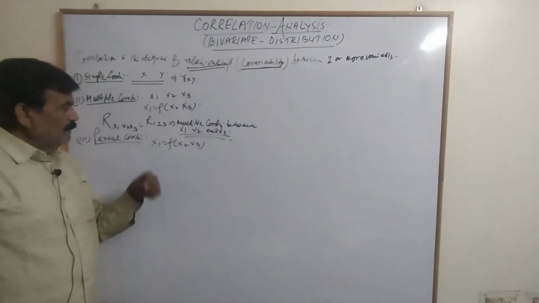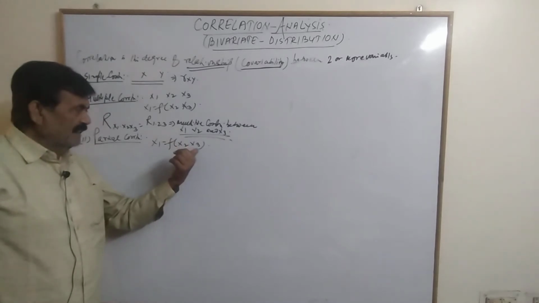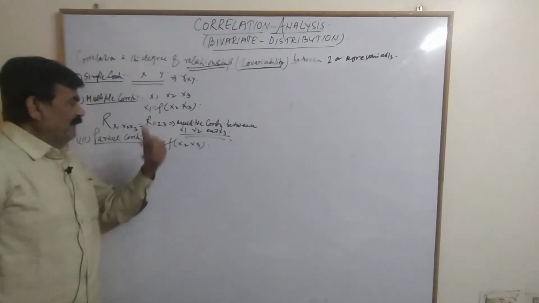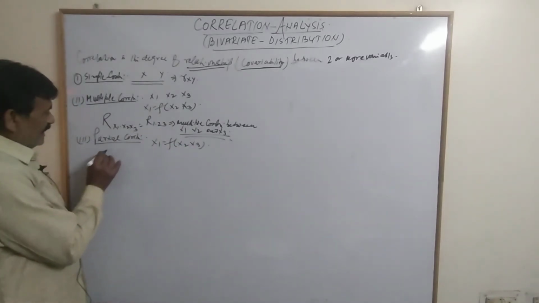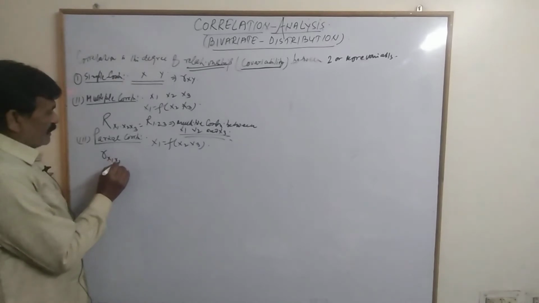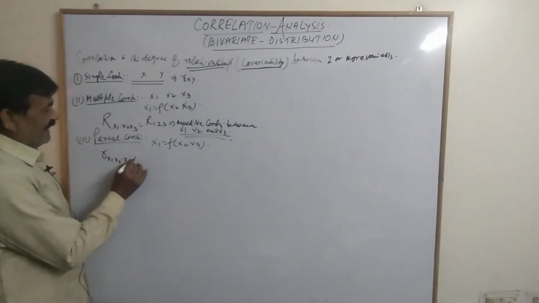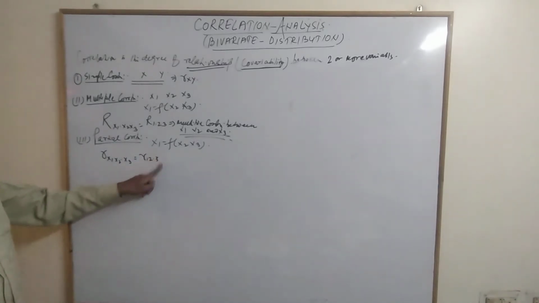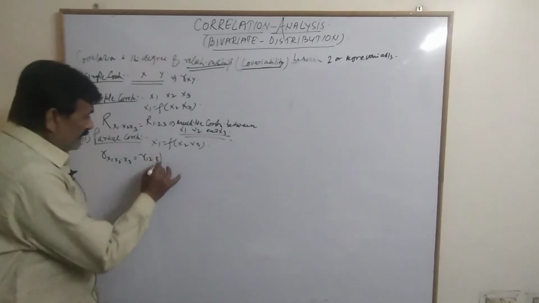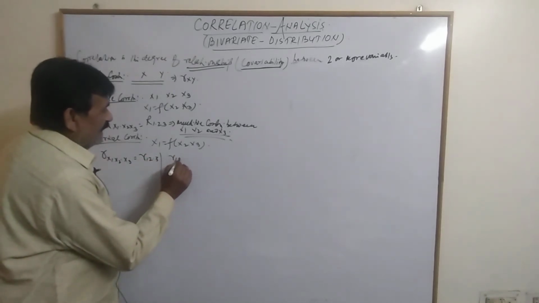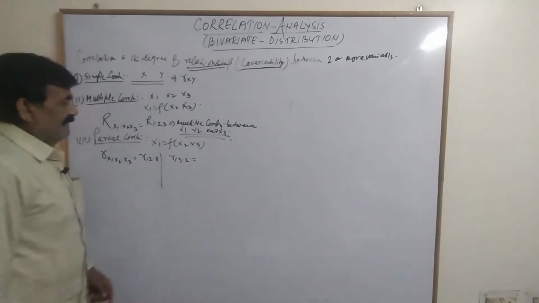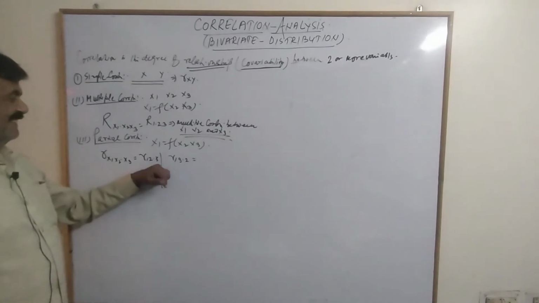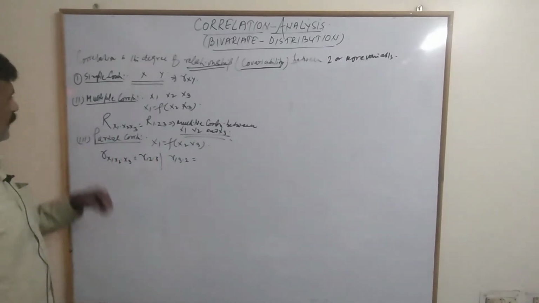It could be expressed as R12.3. And the second partial correlation would be R13.2, that is the partial correlation between x1 and x3 when x2 is held constant. So this is the partial correlation.